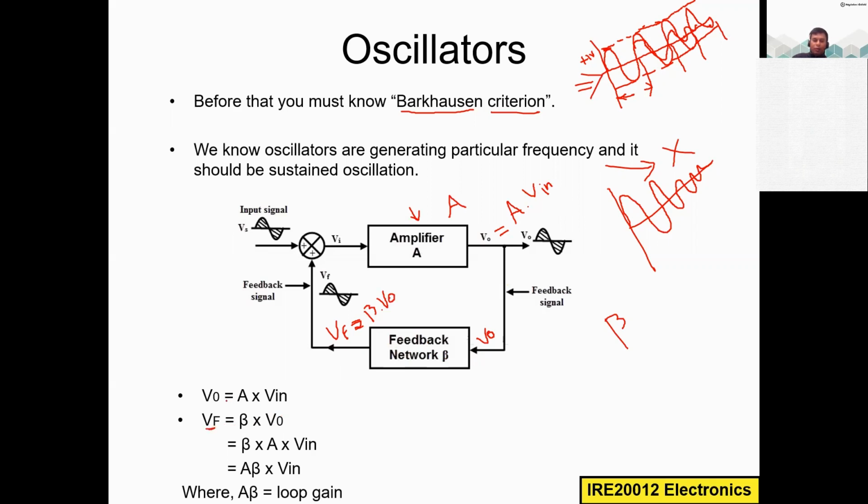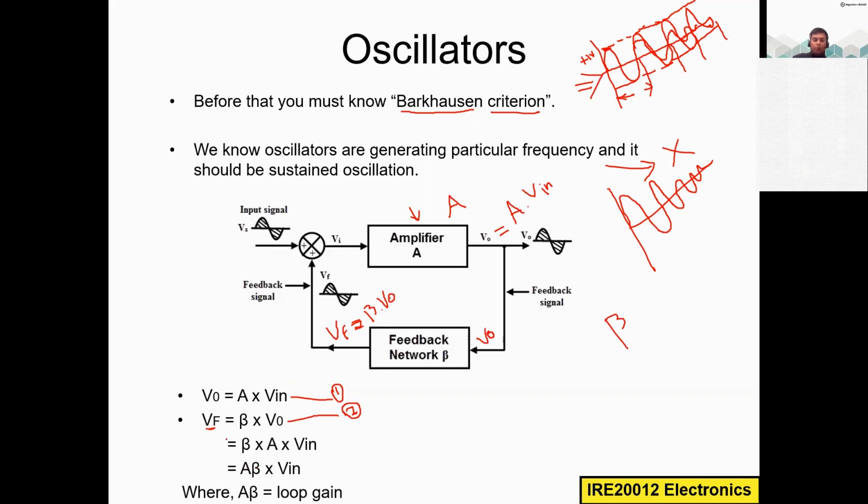VO we already know, this is equation 1, and this is equation 2. I apply equation 1 into equation 2, so it becomes beta times A times V in. I can write this as A beta multiplied by V in.